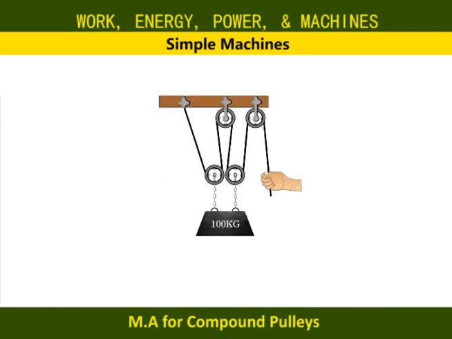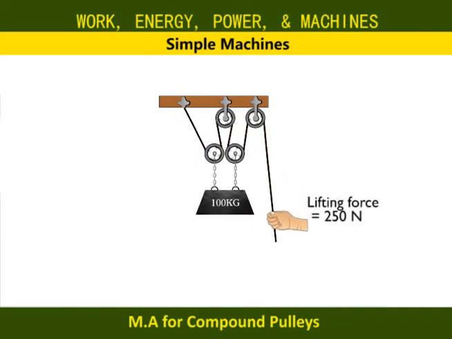How about a pulley system with 4 wheels? Here, we have a compound pulley with 4 wheels. So, a 100 kilogram mass is equally supported by 4 pulleys and an even longer rope. This means you can lift it by pulling with a force of just 250 newtons instead of 1000 newtons.